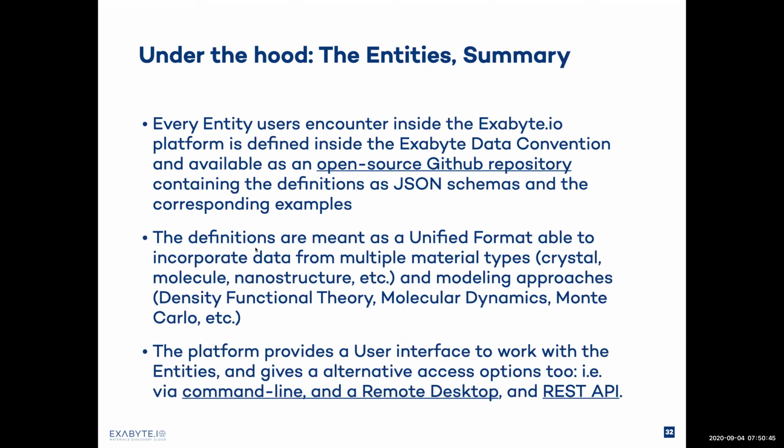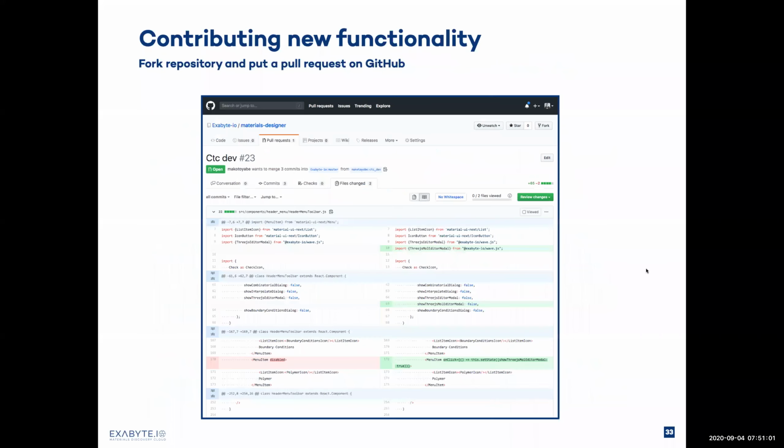These definitions are meant as a unified format to incorporate data from multiple different material types and modeling approaches. And the platform provides a user interface to work with these entities and alternative access means. We do welcome contributions, so anybody can fork the open repository on GitHub and put a pull request. Here is an example for Materials Designer, where we have been implementing additional features with our colleagues from Japan.